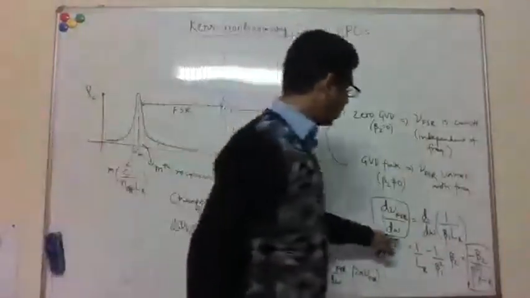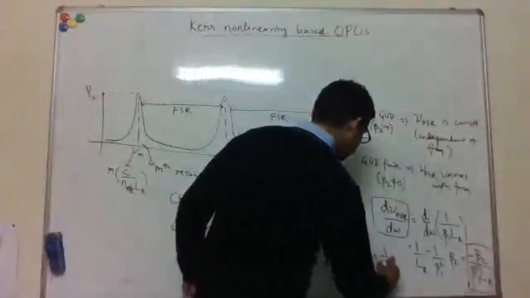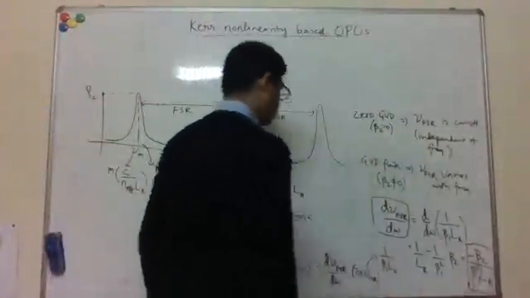So for d nu by d omega we use this, and then nu FSR we also know is 1 over beta 1 LR.